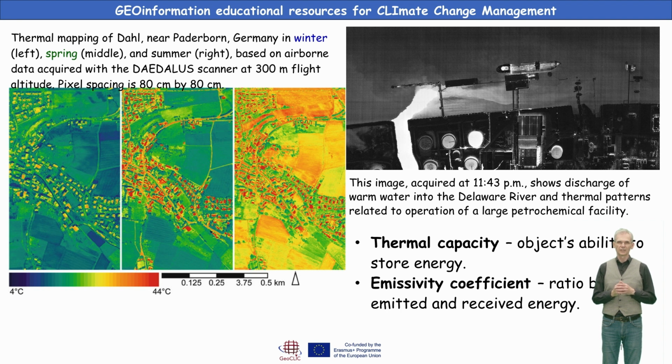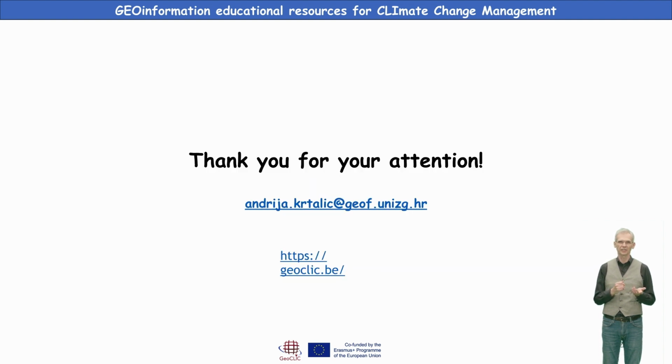In doing so, one should know physical quantities such as the thermal capacity of objects and their emissivity coefficient. The thermal capacity of an object is the object's ability to store energy or heat. The emissivity coefficient is the ratio of emitted and received energy, and it depends on the material from which the object is built.